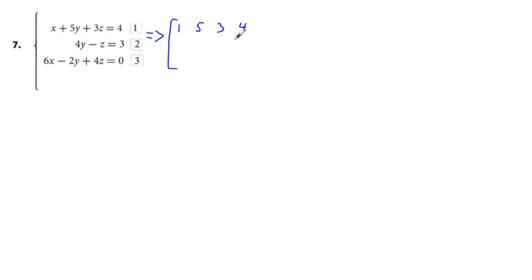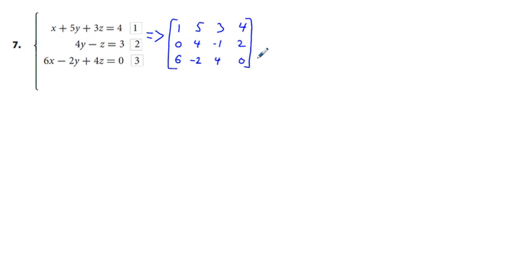So this is an augmented matrix. And we have 0x in the second equation, plus 4y minus 1z equals 2. In our final equation, we have 6x minus 2y plus 4z equals 0.